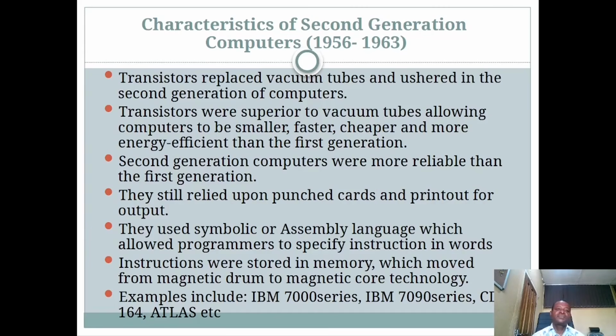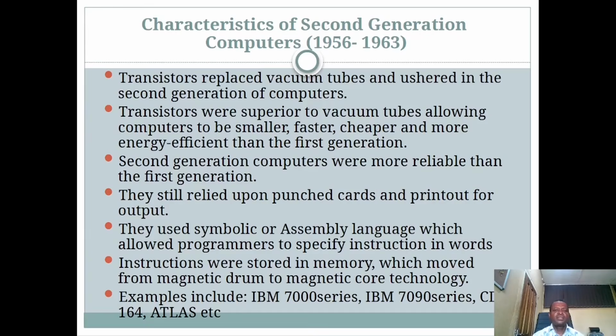What you should take note of is that transistors replaced vacuum tubes as the important circuitry components of the second generation computers. That means that transistors replaced vacuum tubes and ushered in the second generation of computers.